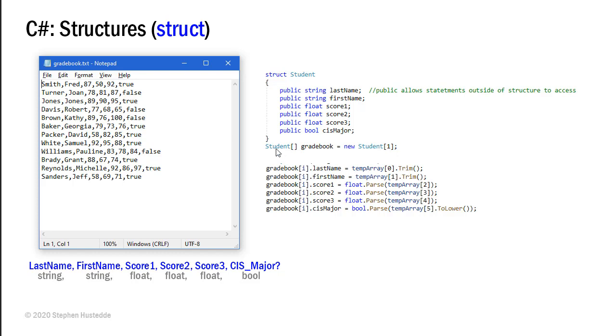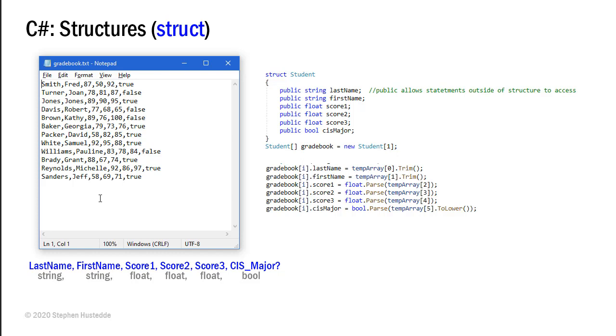Now I can use that data structure in an array. So I can create an array called gradebook of type Student, the type that I just defined. And I create that as a new Student. In this case, I'm going to have it just have one record, and we're going to resize that array as we read in data from this text file, because the number of records may change.